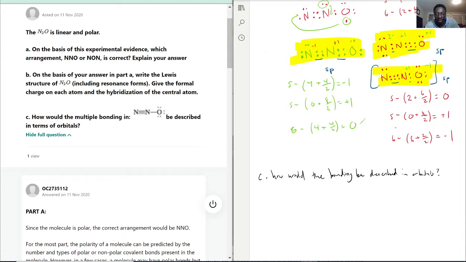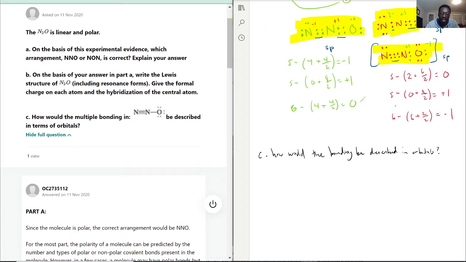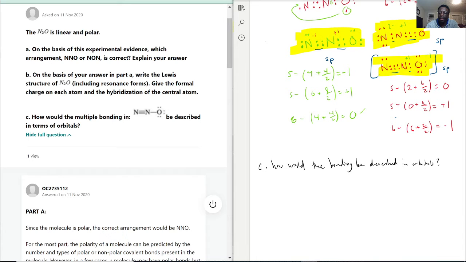So with this, since we have the sp hybridized, the way we describe this is that we would say that it's going to be the, just to make sure that I understand it here, yes, okay.